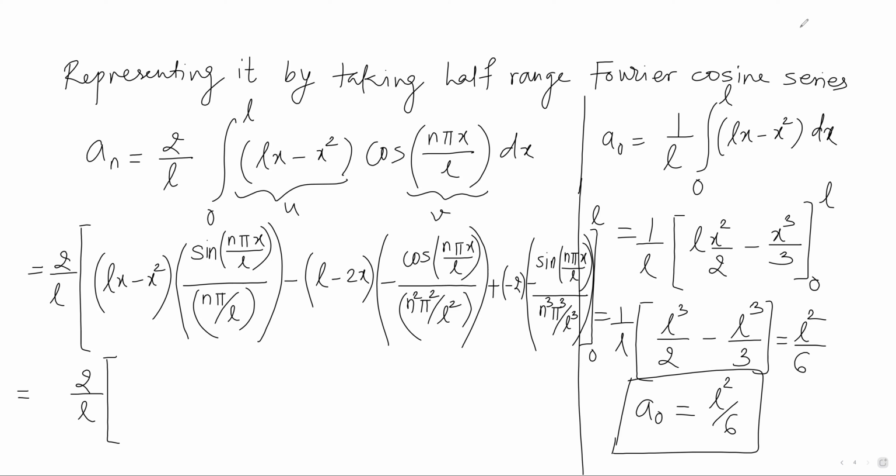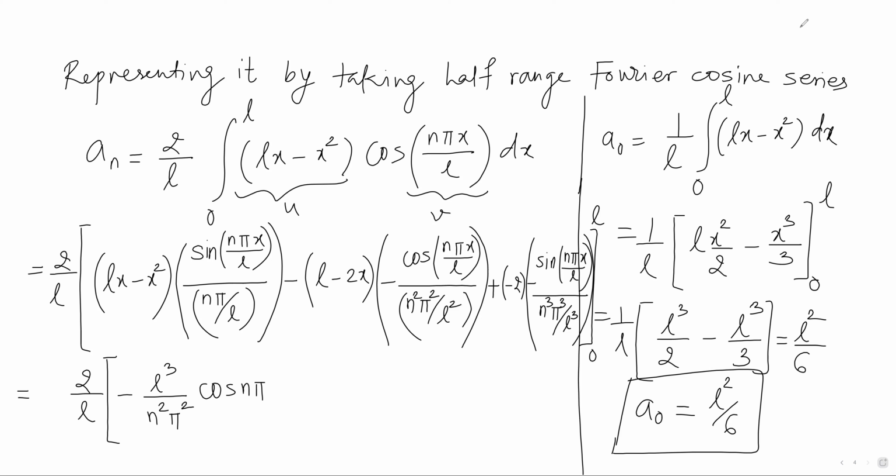So minus of L cube upon n square pi square, and we'll have here cos of n pi L by L. So it is cos n pi only, correct? And when you put it here, sin n pi is 0 only. So at the upper limit, you will get only the middle term. And when you put the lower limit 0, sin 0 is 0. Even the third term will be 0. There is only the second term that exists.